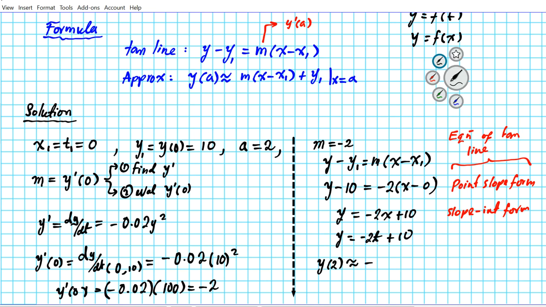So it's going to be negative 2 times 2 plus 10. That's why you put it in slope intercept form. Okay, so it's easy to calculate. Using our order of operations, that's going to be negative 4 plus 10, which is equal to 6 grams. All right, so that's the estimated amount at t equals 2 using the tangent line approximation.